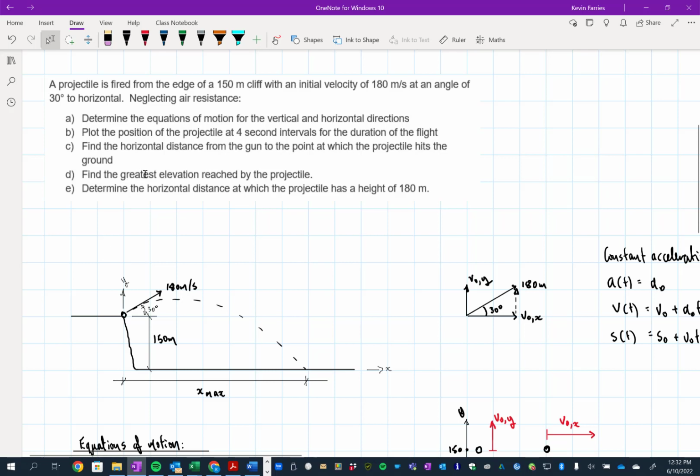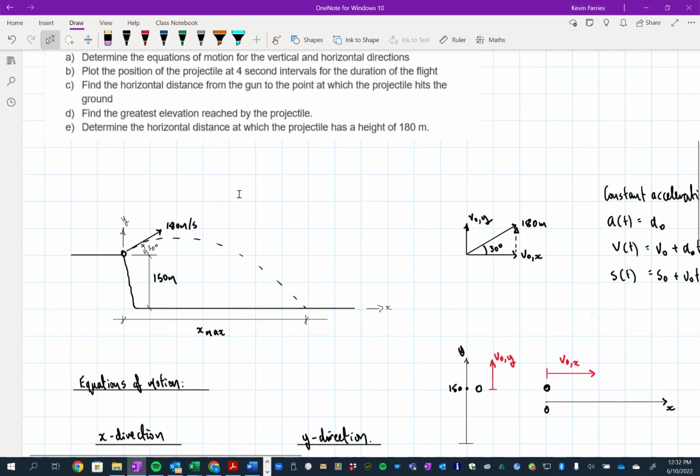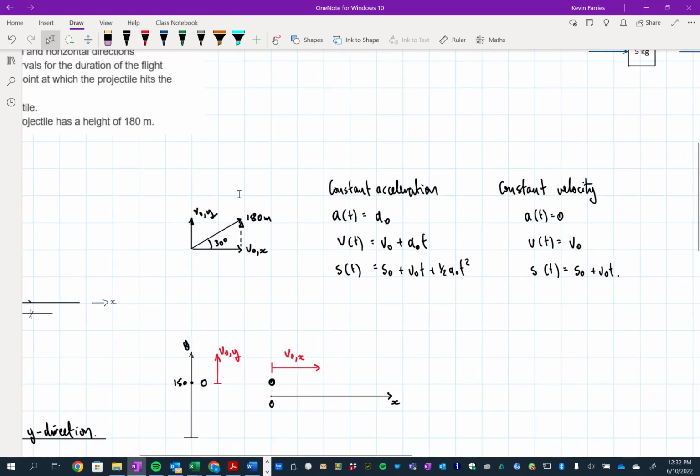Find that time. Greatest elevation. Horizontal distance with a projectile. So I am not sure that we're ever going to need the fourth formula in this question, but for completeness, let's just write it out.